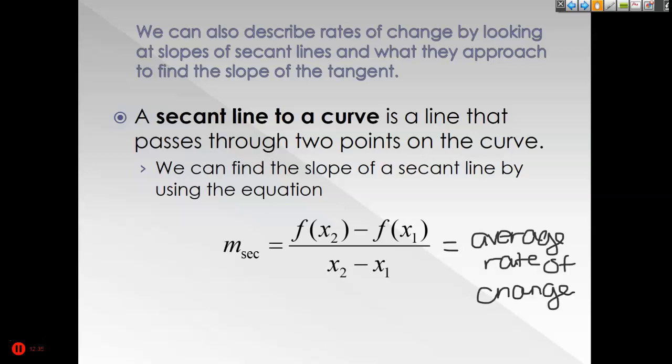So in calc, the more fancy word is the slope of the secant. The slope of the secant represents the average rate of change.